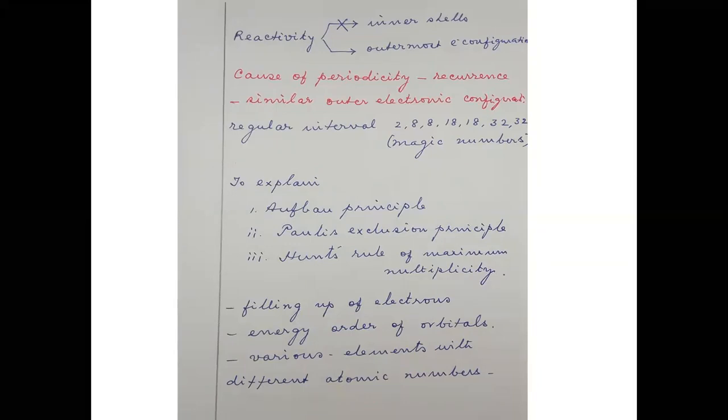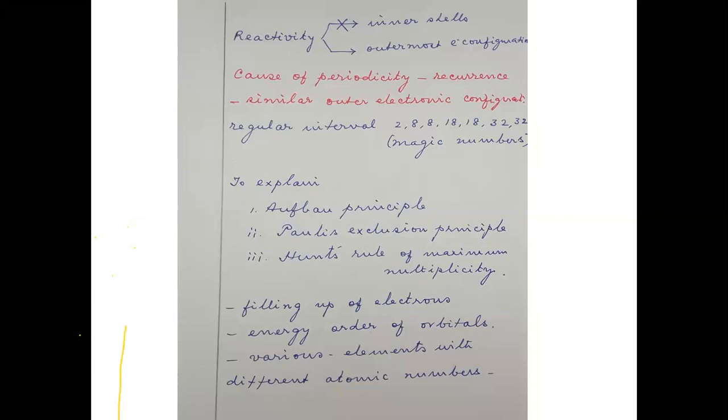But this repetition is observed after 2 for the first row, 8 for the second row, 8 for the third row, 18 for the fourth row, 18 for the fifth row, and then 32, the recurrence takes place.